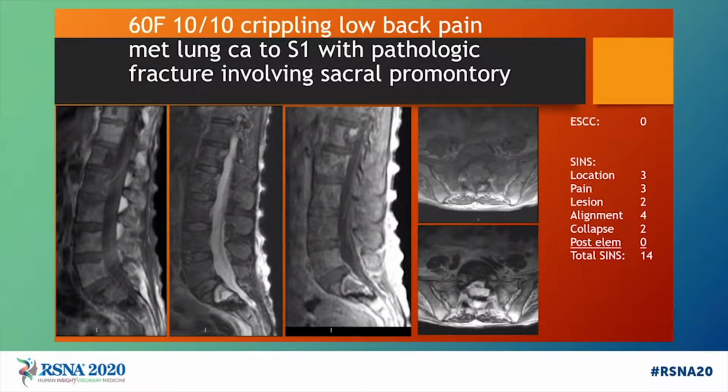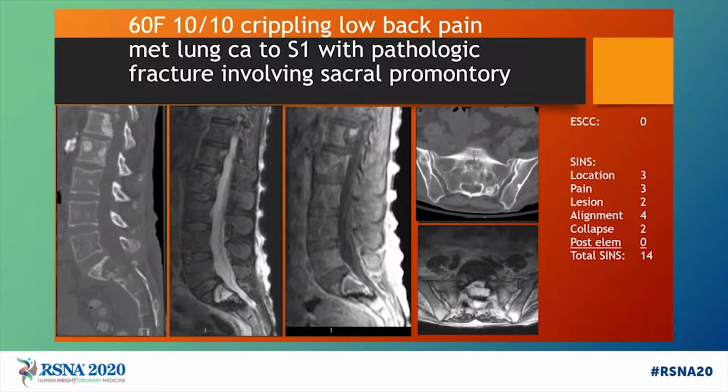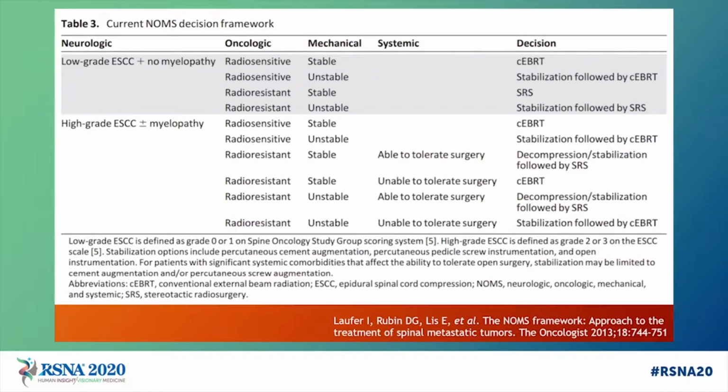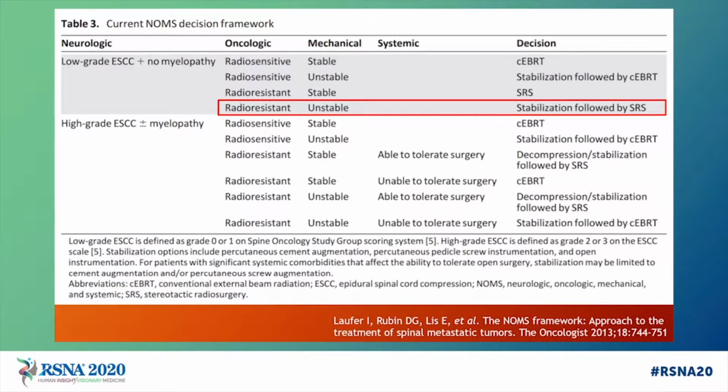And so what we ended up doing for this patient with an alignment abnormality and with this pathologic involvement and fracture at the lumbosacral junction, we looked at her GNOMES decision framework, and you can see she has a radio-resistant tumor, unstable by SINS, and low grade by epidural spinal cord compression scale.